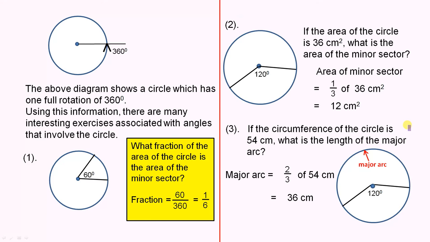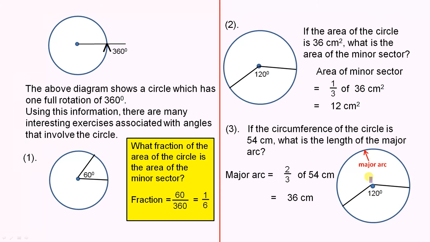Number 3, if the circumference of the circle is 54 centimetres, what is the length of the major arc? The circumference is the distance around the circle. So the major arc is this one because that angle is larger than 120.